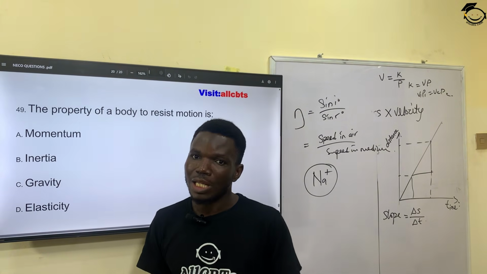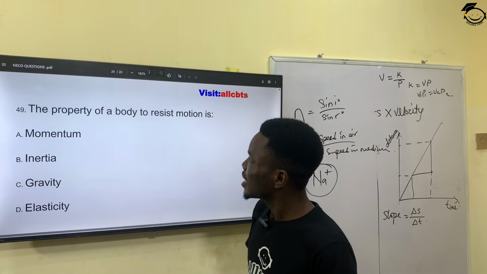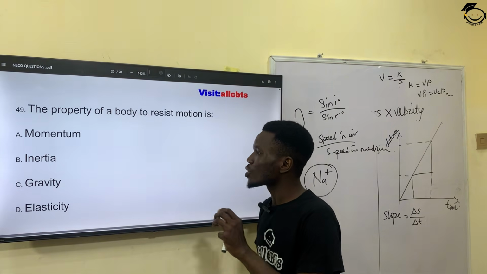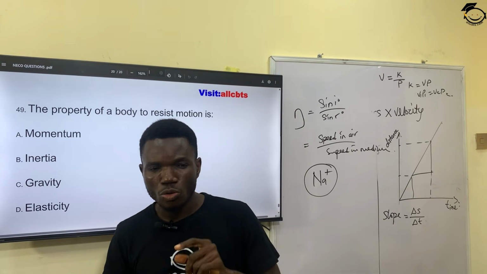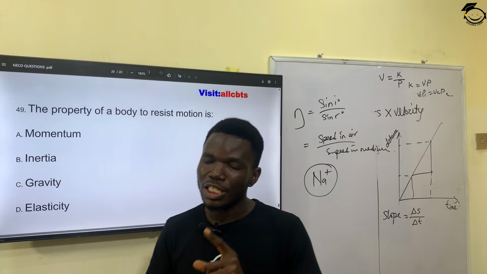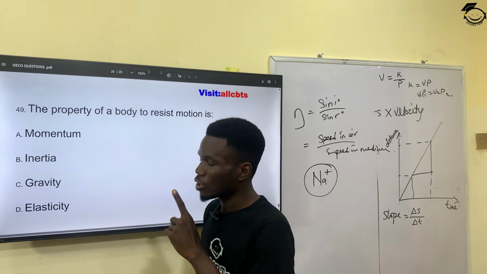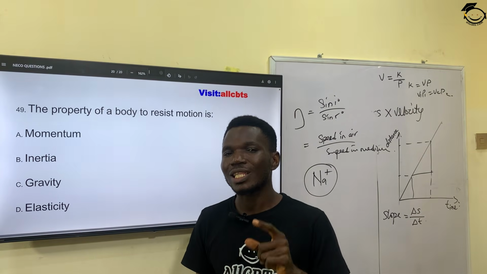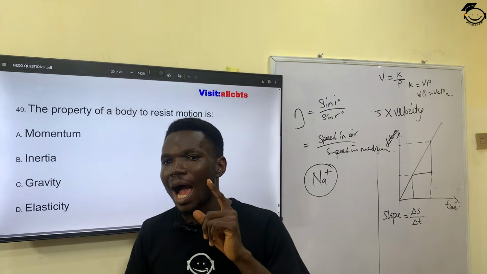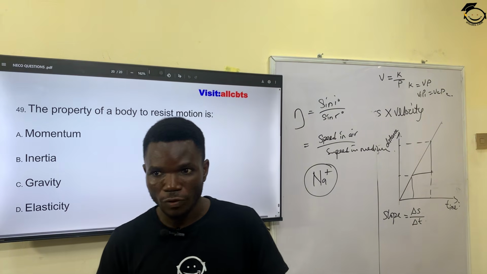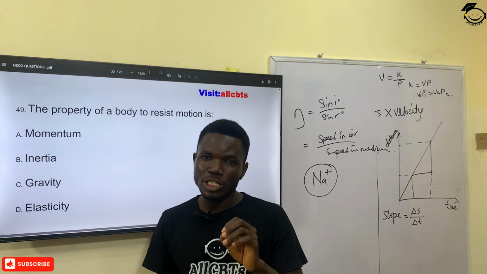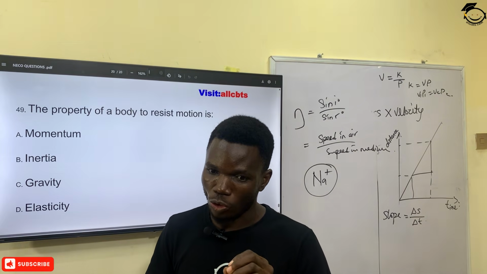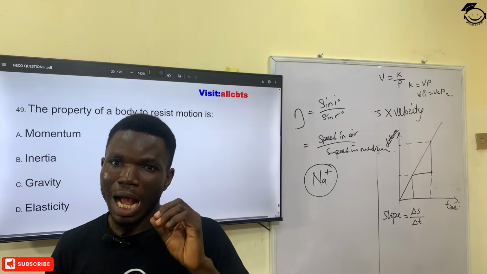Question number 49, which is the next question, says, the property of a body to resist motion is called dash. The property of a body to resist motion is called inertia. This was stated by Sir Isaac Newton in Newton's first law of motion, where he says that every object will continue in a state of rest or uniform motion unless an external force acts on it.